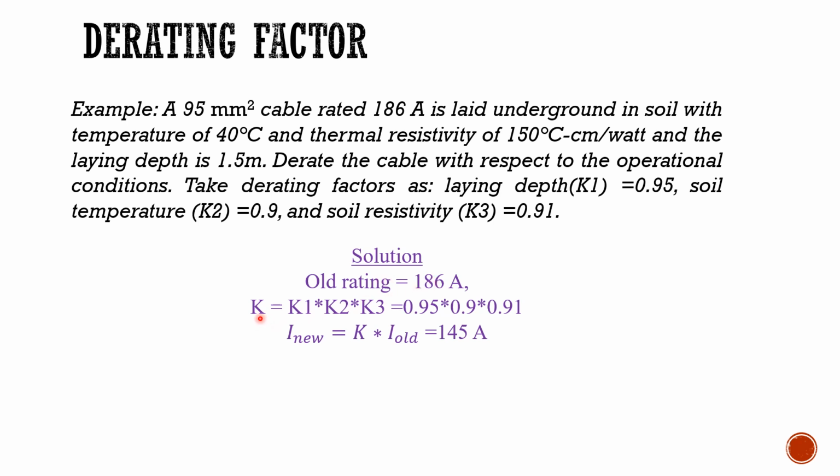For the total derating factor, you multiply all the derating factors K1, K2, K3, to get the equivalent K. The new current is the derating factor multiplied by the old current, which is 145 amperes. So it's actually coming down from 186 to 145 amperes because of the operational conditions.